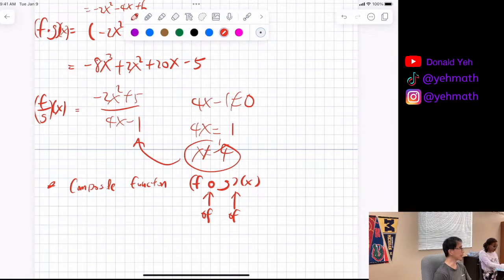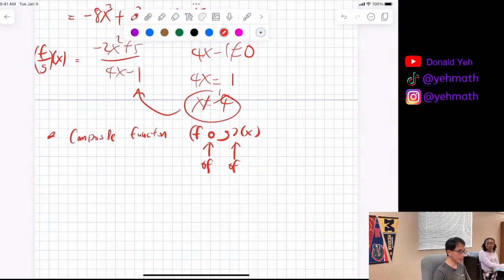How many of you guys have seen this before? Raise your hand. Okay, do you know what to do with it? Yes? Okay, so let's try it. F of g of x is actually known as, now every time you have "of" it means parentheses. So that means f of, see this is the "of," g of x. Does that make sense?